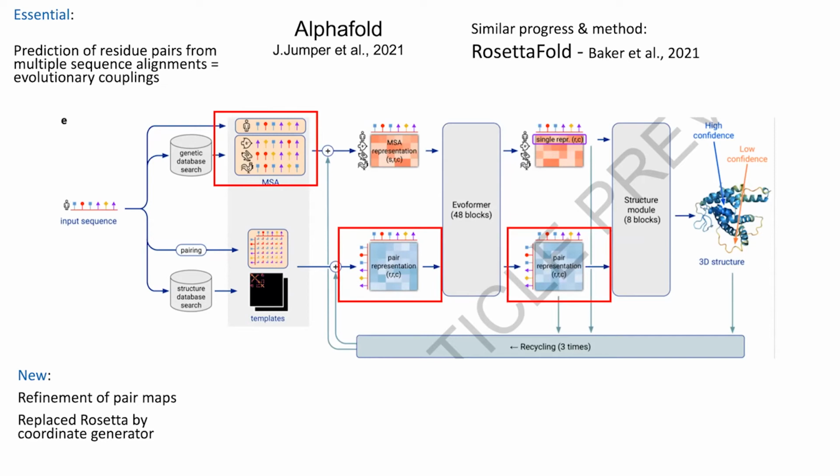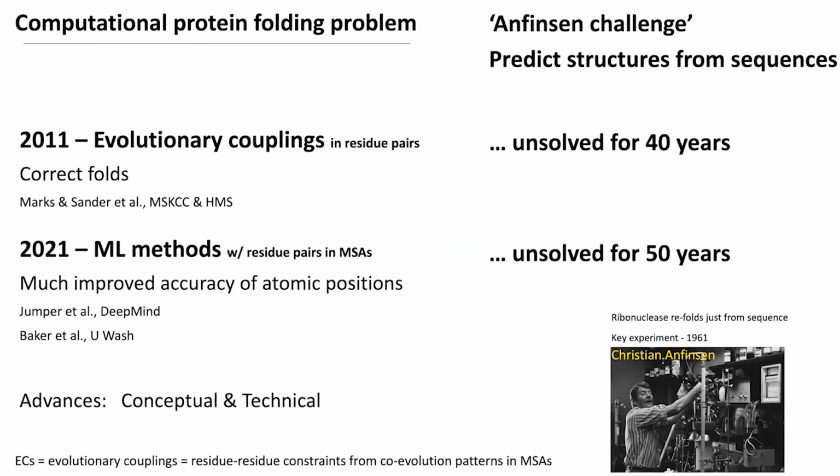And the news items at the time, the two time points were, tongue in cheek, in 2011, a problem that had been unsolved for 40 years, and the breakthrough using evolutionary couplings and getting folds right for many proteins. And then again, 10 years later, a problem that had been unsolved for 50 years.